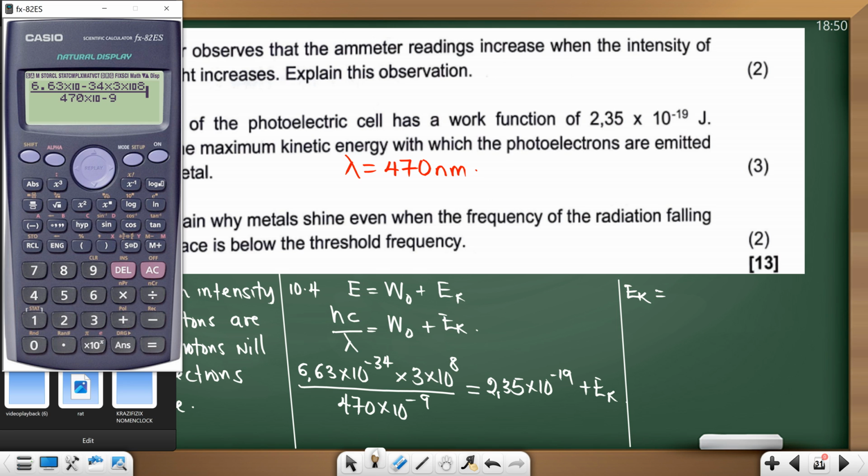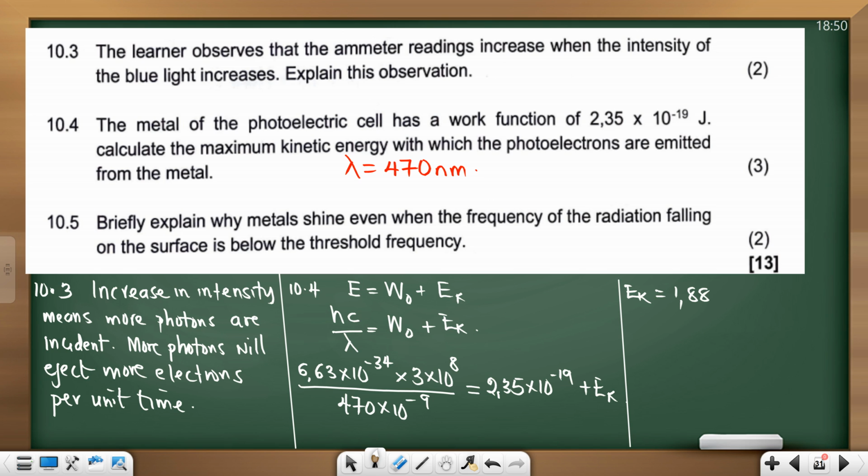I'm bringing that whole thing minus 2,35 times 10 to the power negative 19. 1,88, all right, 2 decimal places, times 10 to the power negative 19. And the unit is what? Joules.